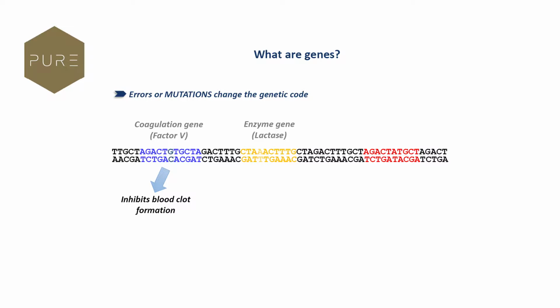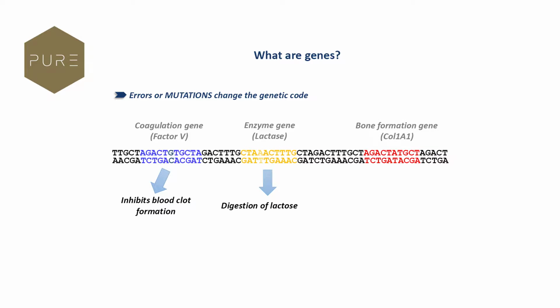An enzyme is a small machine like scissors that break up things or put things together. And in this case, this enzyme gene is called lactase, which is necessary to break down or digest the milk sugar lactose. And then there's a bone formation gene. It builds one of the components for strong bones, COL1A1, and this builds strong bones.